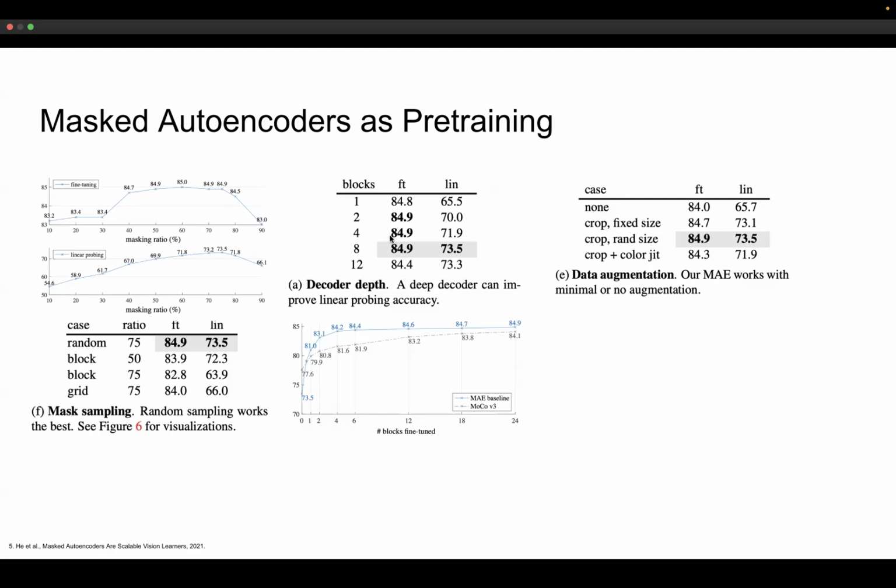And they also try to change the number of decoder layers. And even for this mask autoencoder approach, you can still do augmentation by doing cropping and other kind of data augmentations.